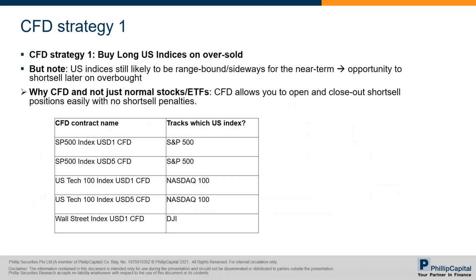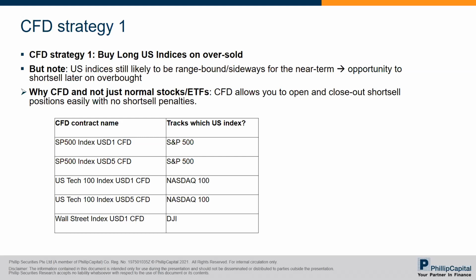So in the current climate, especially due to the current levels of the index, we would recommend doing a long trade at an opportune time for US indices, especially if you feel that they are oversold due to fear or panic in the market.